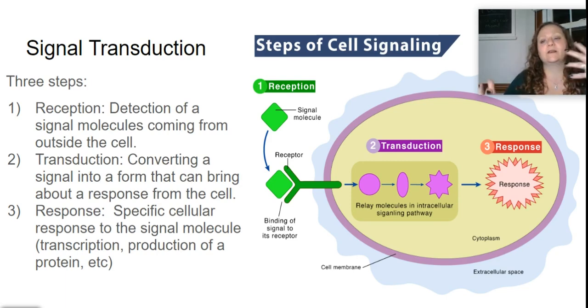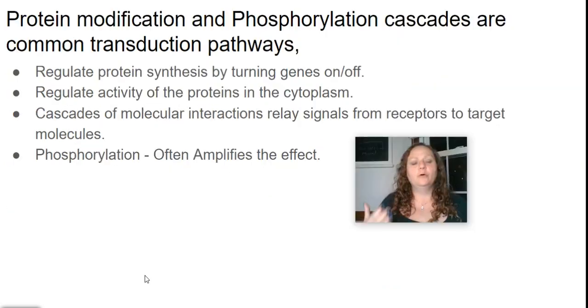There's all sorts of things that these signals can cause. Protein synthesis can be regulated by turning genes on or off. And one of the reactions that we see can actually be this in response to a signaling molecule. We can regulate the activity of proteins in the cytoplasm this way as well.